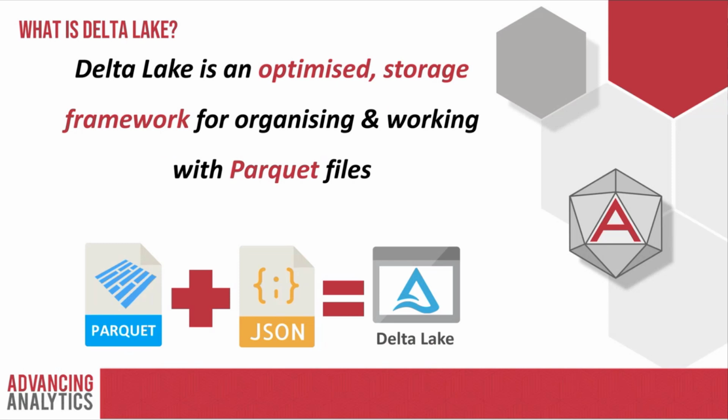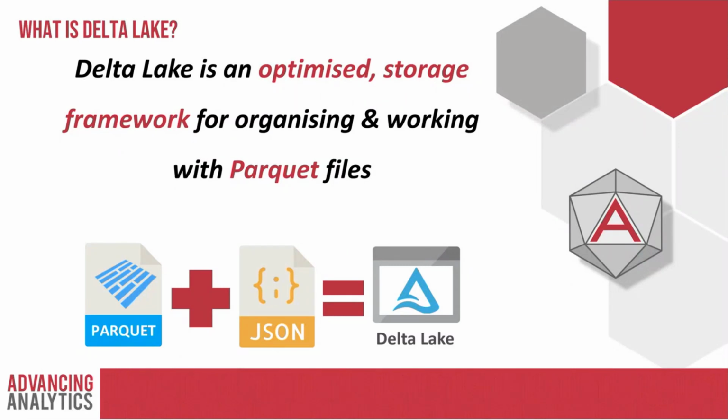So what's Delta Lake? Delta Lake is not a file format, it's a storage framework. It uses existing file formats like Parquet and JSON. Parquet is a columnar storage format, which basically means it's just very compressed, and the files are a lot smaller for bigger amounts of data.